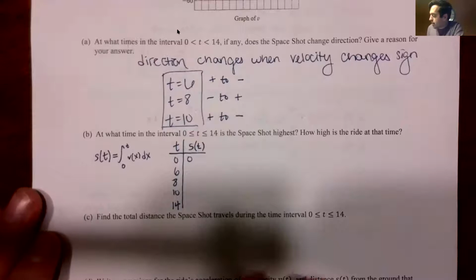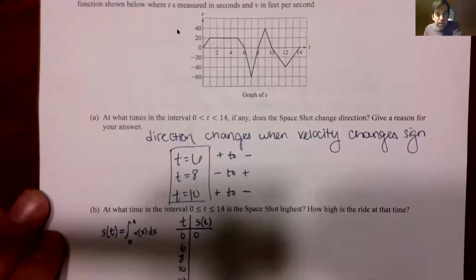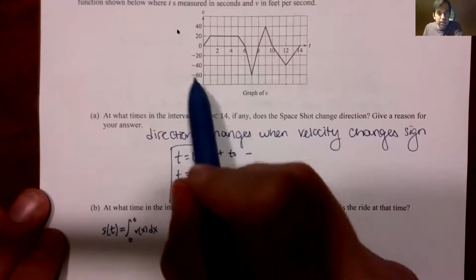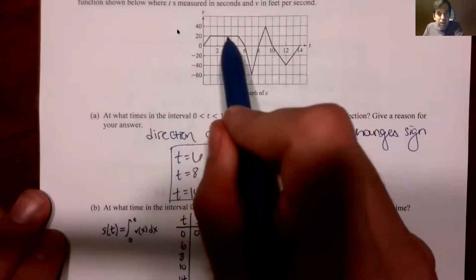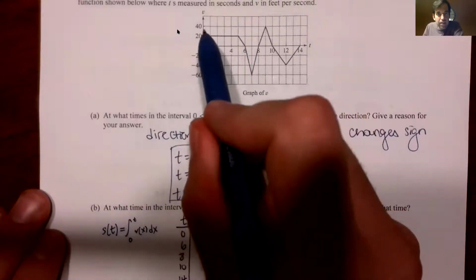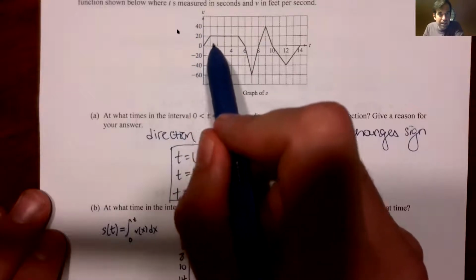At time 6, the best we can do here is actually try to calculate this using area, because we don't have an equation to plug into. So at time 6, our job is to figure out how high did we get, or what is this area in here. So the y-axis or v-axis is counting by 20s.